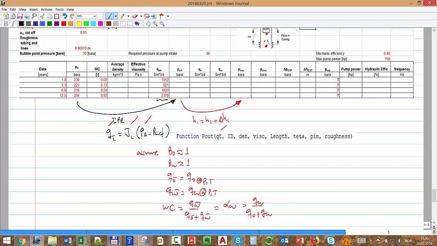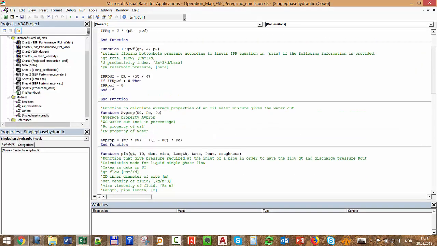So you need density. How do I calculate that density? If you remember, last class we saw the density of the mixture is like that, times density of the oil. I have programmed that equation for you also, so you don't have to.